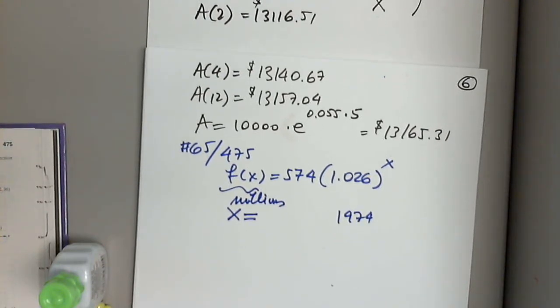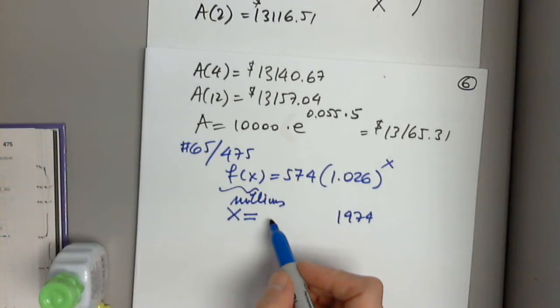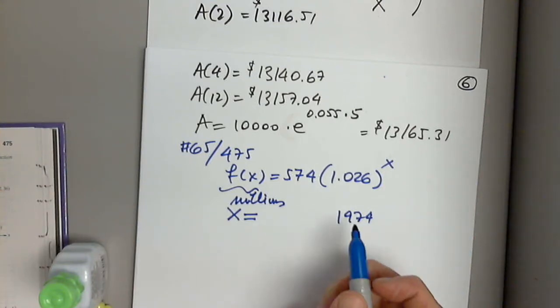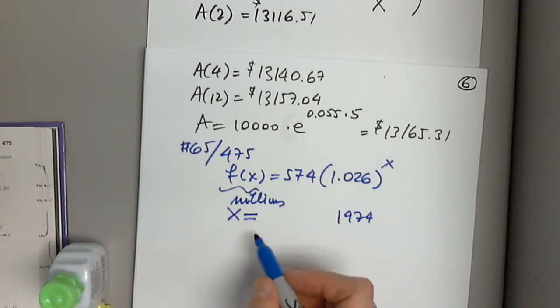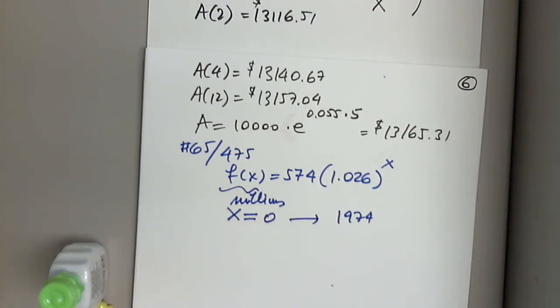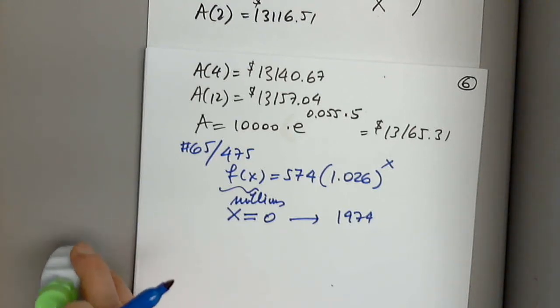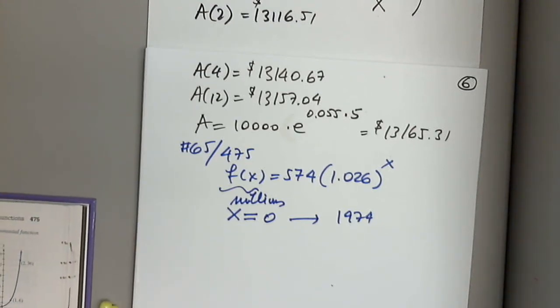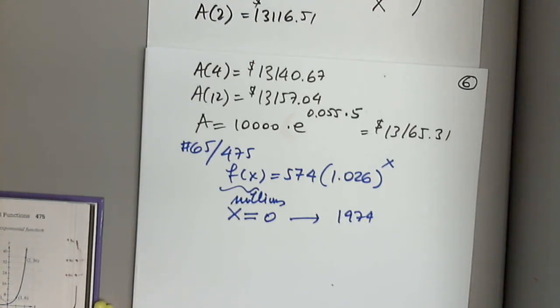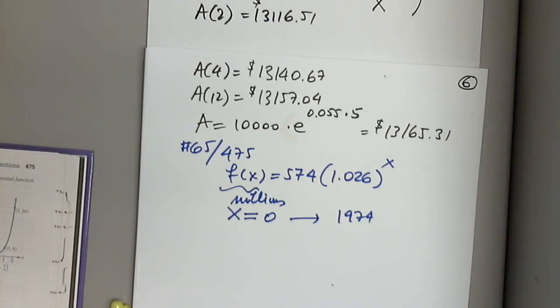X equals 0. Number of years after 1974 means 1974 represents x equals 0. Is that clear? Okay.